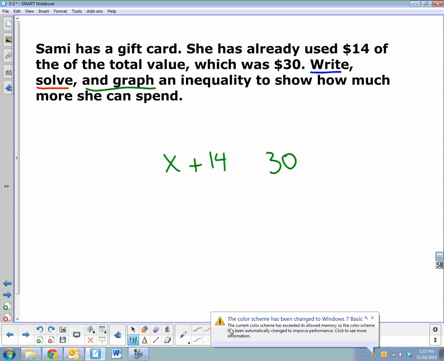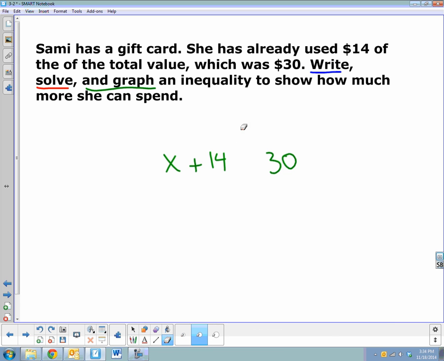So we have to be able to write this as an inequality. We could say that it's either going to be this or it's going to be this, one or the other. And so let's try one and see what happens. Let's say it this way. X plus 14 is less than 30. Let's see what happens.